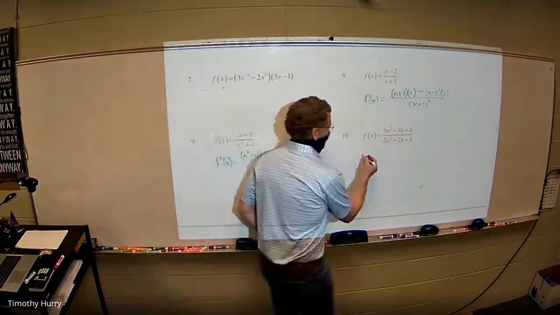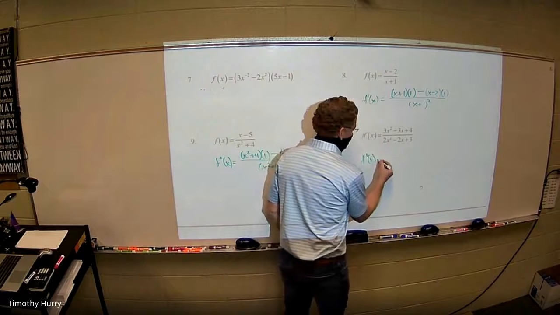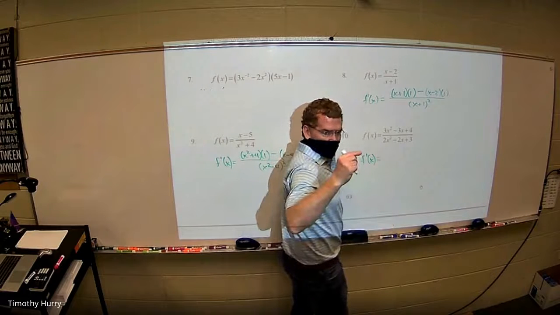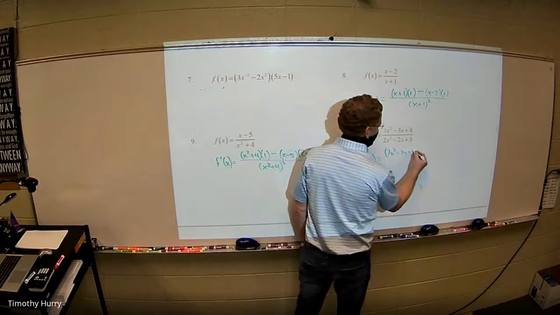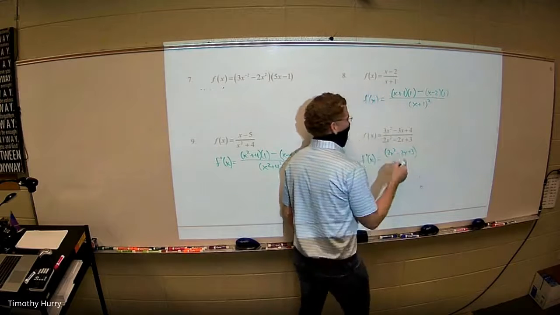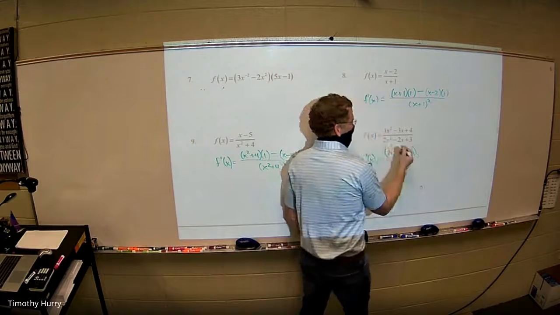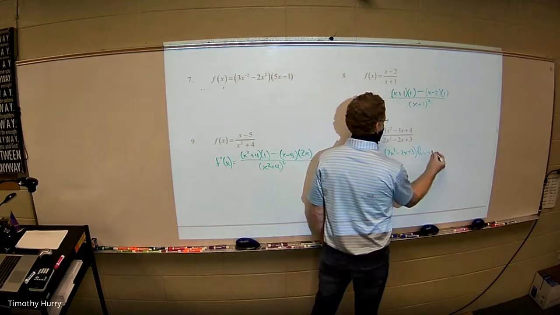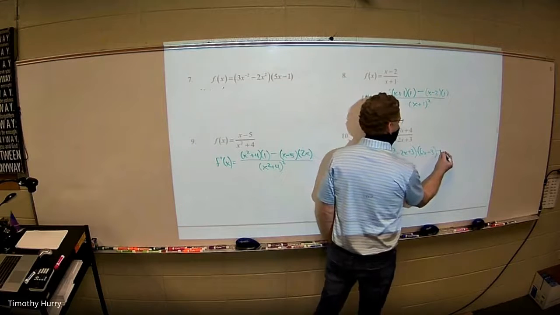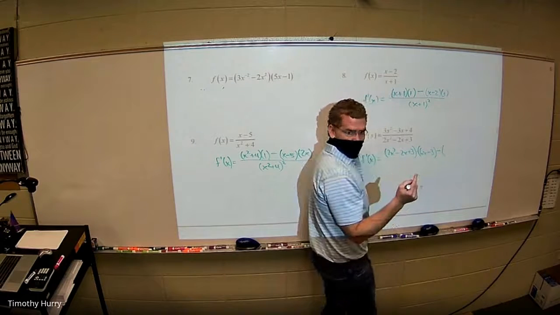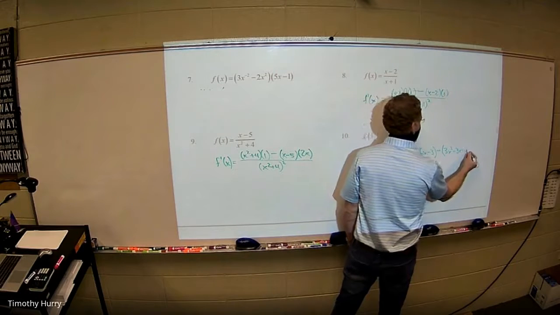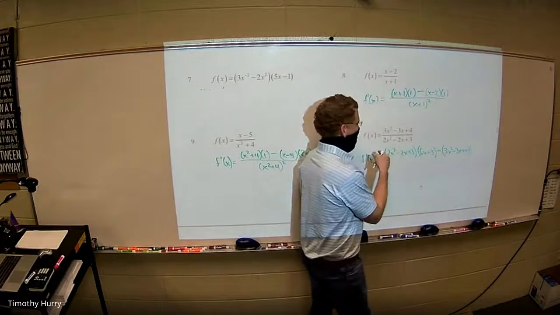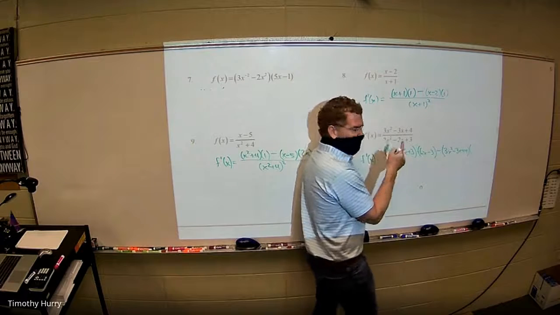Number 10. The derivative is low. Copy the low down. Times what? 6x minus 3, good. Minus high, copy the high down, times 4x minus 2, the low.